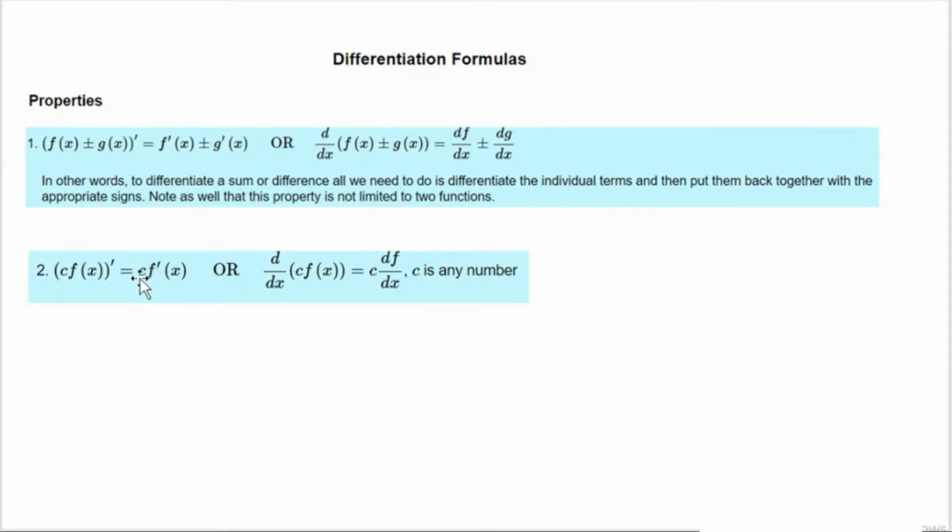So we can write now c times f prime of x, which is the derivative of f of x. Or you can write it in this form, d over dx of c times f of x is equal to c times the derivative of the function with respect to x, and c there is any number, or it is known as a constant.